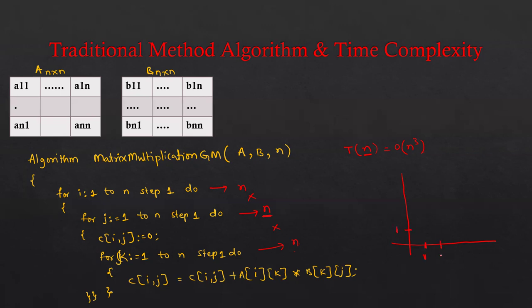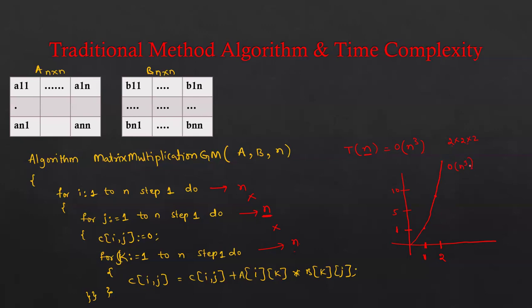When n is a 2 by 2 matrix, that means 2 into 2 into 2, because n cube: 2 twos are 4, 4 twos are 8. So you will get 1, 5, 10. Taking it like this, 8 will be here, and the growth is like this. So this is the order of n cube line.